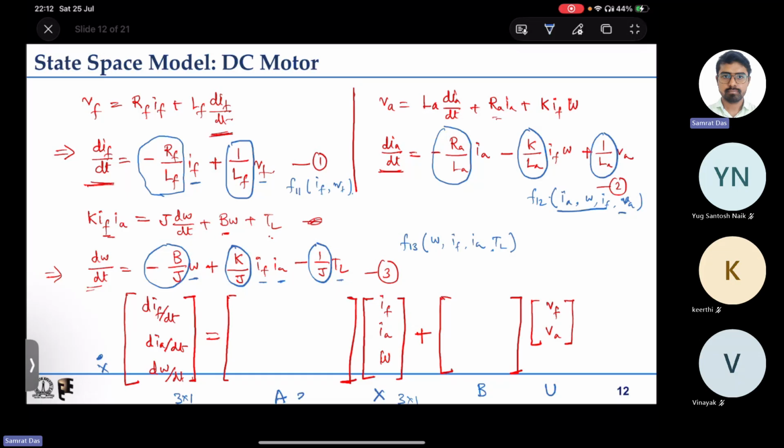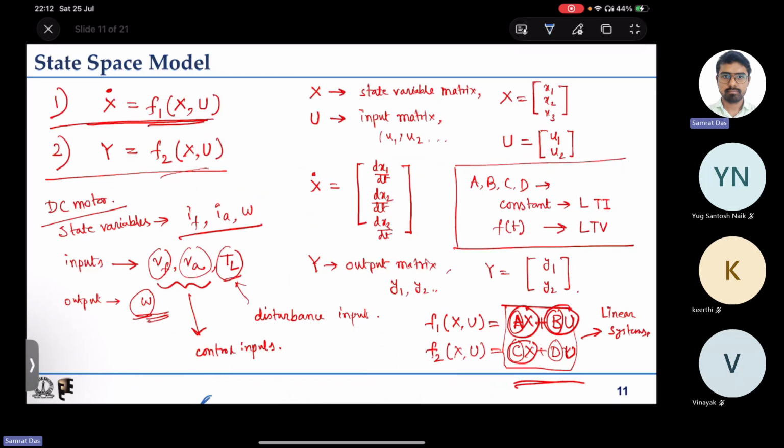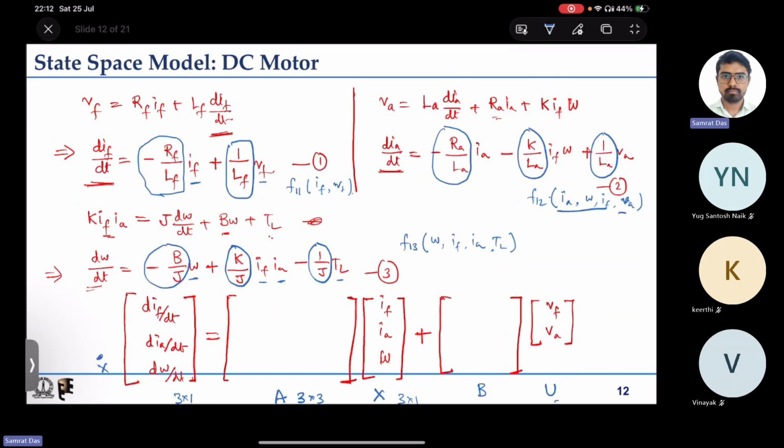So A has to be a 3 by 3 matrix, in order to finally result in a 3 by 1 matrix, right? And for B, again B into U has to be a 3 by 1 matrix. U is a 2 by 1 matrix. So you will need your B to be a 3 by 2 matrix, right? That is the basic need.